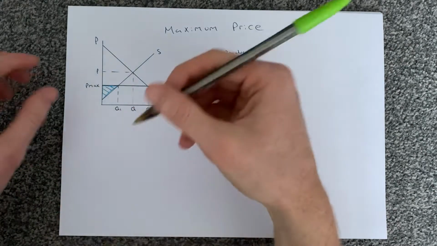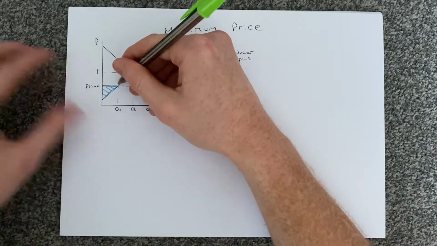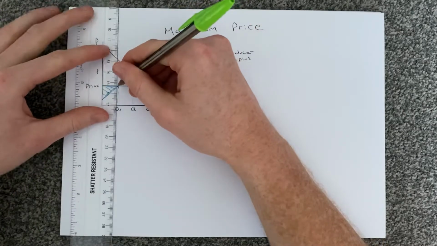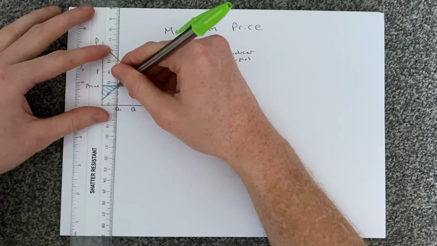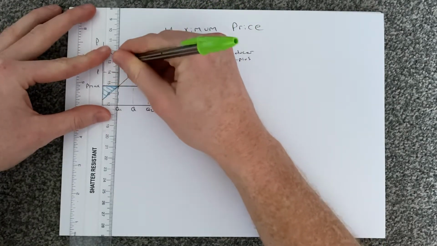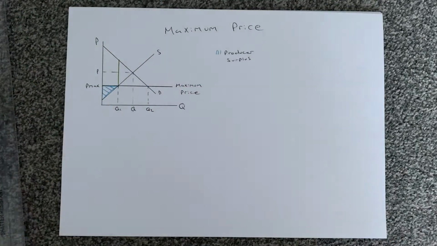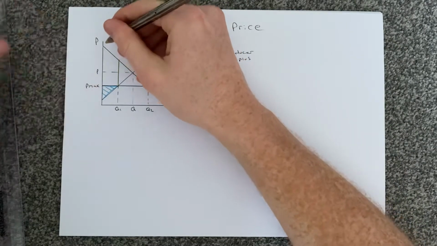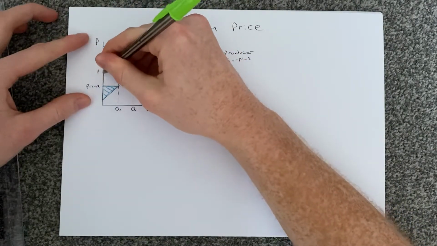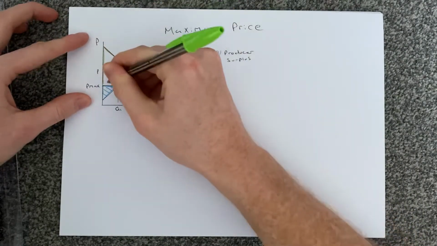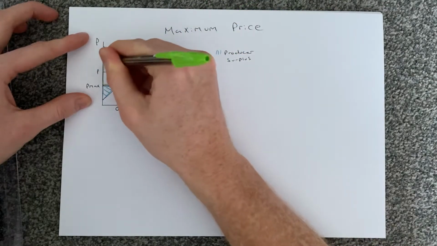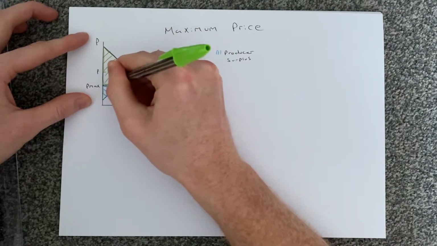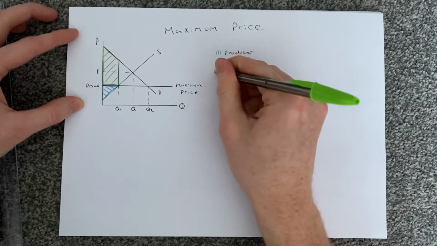Let's have a look now at the consumer surplus. It may actually be easier just to draw a vertical line straight up from Q1 until it intersects the demand curve. The reason for doing that is this whole area, which I'm currently shading in green, is representative of the consumer surplus.